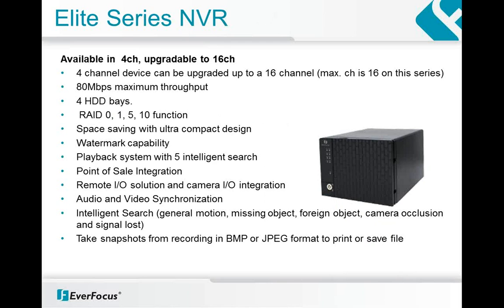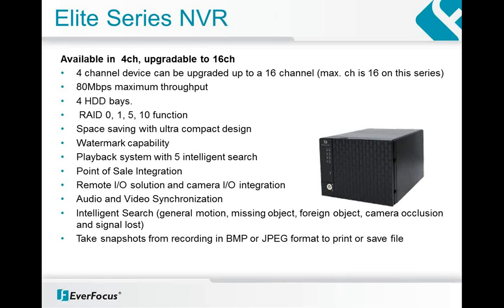The Elite Series NVR is available as a 4-channel device that can be upgraded to 16. It maxes out at 16 channels, so if you want anything more than 16, you'll have to upgrade to either the ENVS or the Commander series.